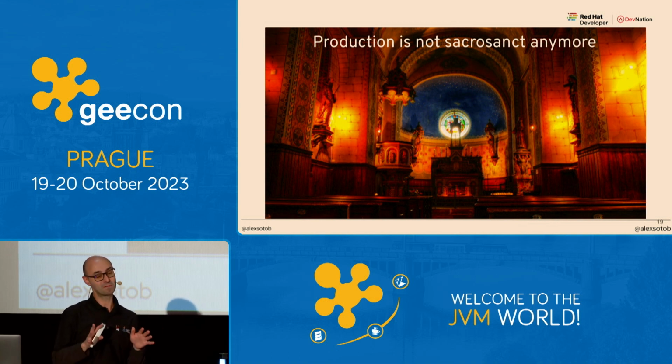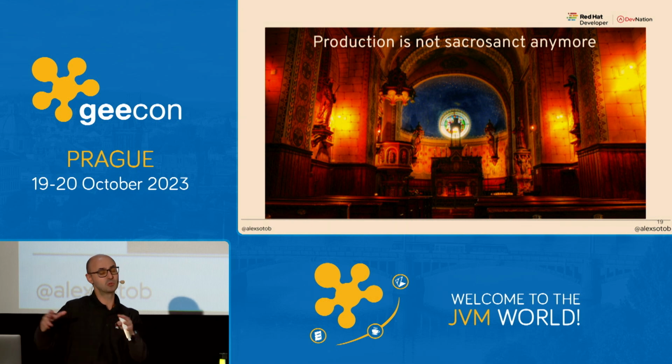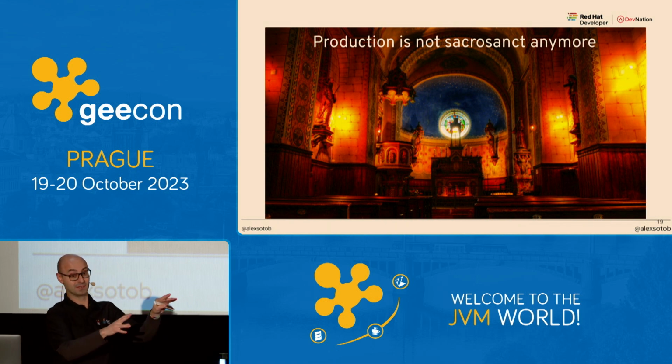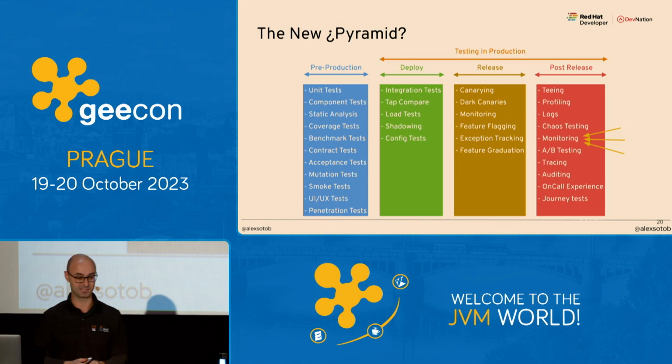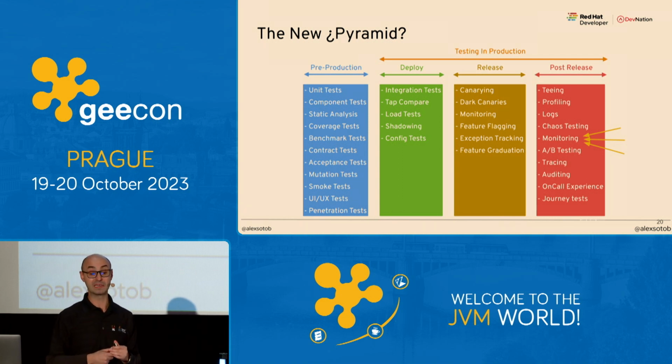So the best way to promote this technique is saying we're going to deliver faster. Don't tell them that you're testing in production, because testing in production is really the new thing, and there are a lot of techniques that you can use for testing in production.